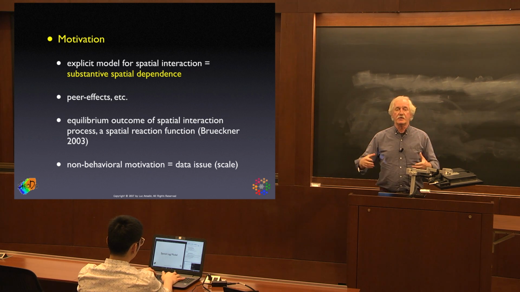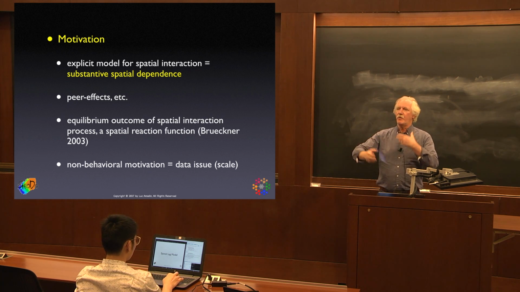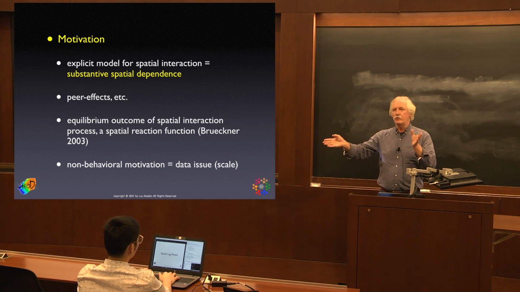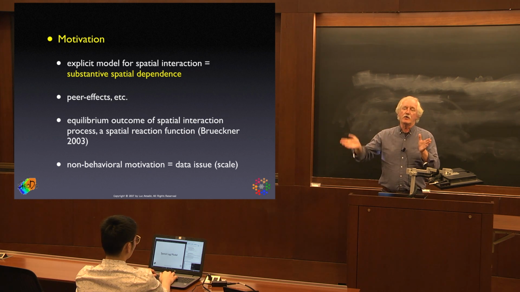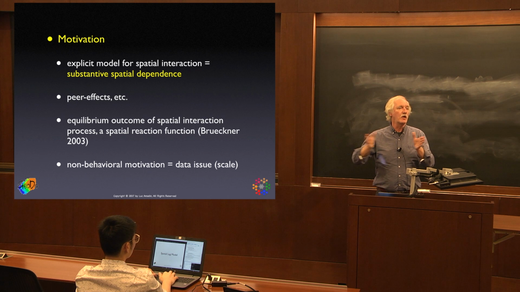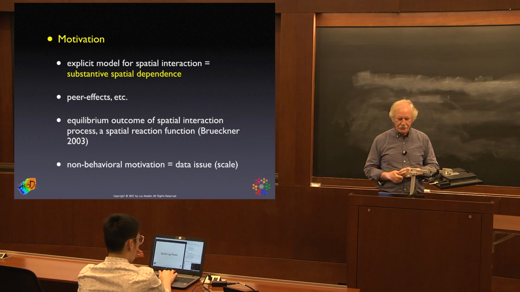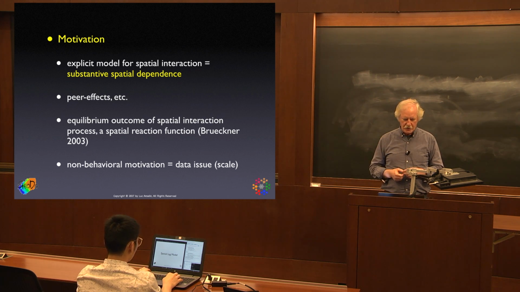So you can think about this almost like a game that operates over time, and then if it operates long enough so that it has reached an equilibrium, then the layout that you see across the observations of the outcomes, whether these are incomes, house prices, employment rates, crime rates, will follow or can be modeled by a spatial autoregressive process. So that is the behavioral motivation, and formally this is often referred to as a spatial reaction function, and I'll spend a few minutes on that.